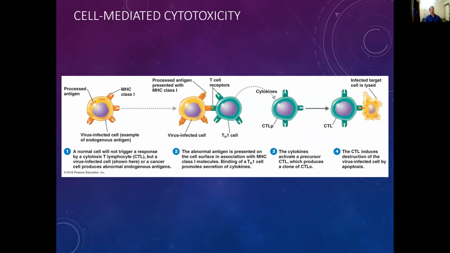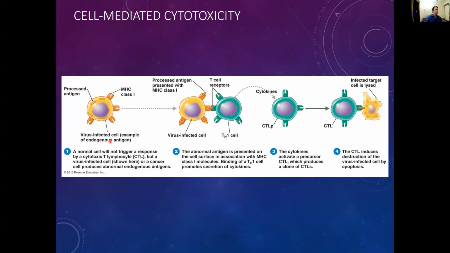This differentiation requires a sequential and complex activation of the precursor TC by an antigen processed by a dendritic cell and interaction with a TH cell, so a helper cell, and co-stimulatory signals. The resulting CTL is an effector cell that has the ability to recognize and kill target cells that are considered non-self.